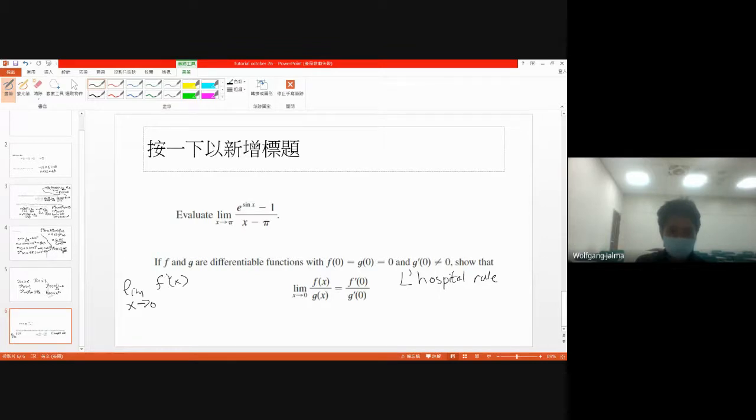Derivative of f at x over derivative of g at x. This one is equal to the limit as x goes to 0, limit as h goes to 0, of f(x+h) minus f(x) over h, over g(x+h) minus g(x) over h.